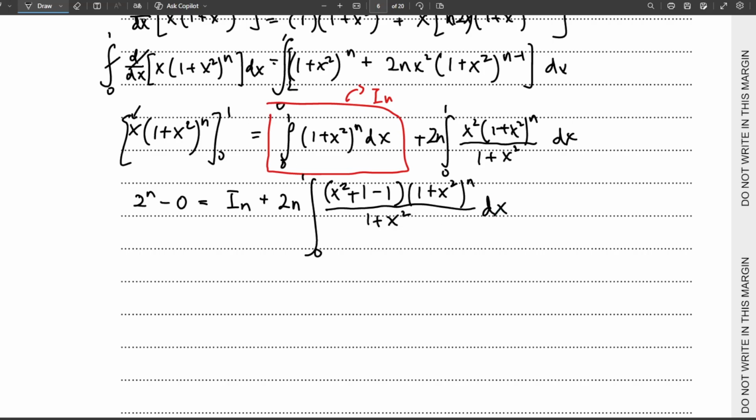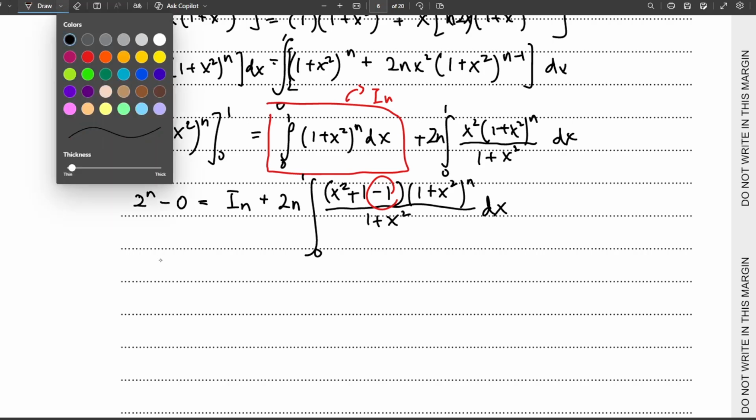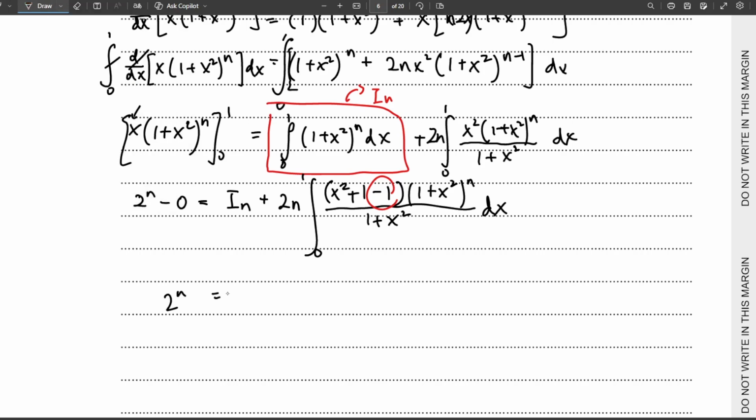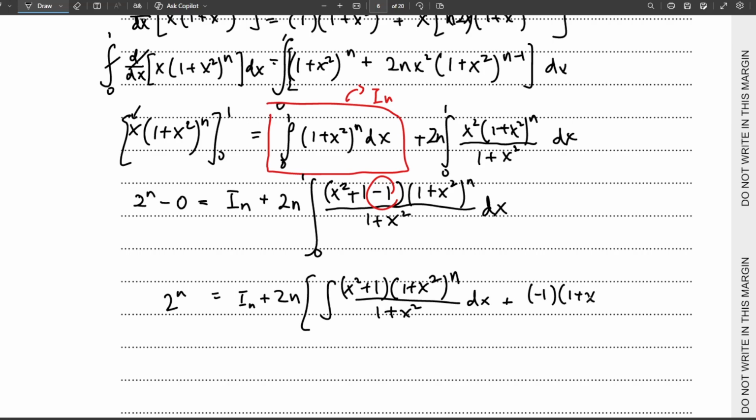Now I will separate this. The minus 1, I'll take out and expand the bracket. On the left-hand side, 2n I_n, and this integral, I will have x^2 plus 1 over 1 + x^2, and then the negative 1, which I take out, over (1 + x^2) to the power n plus 1, dx.